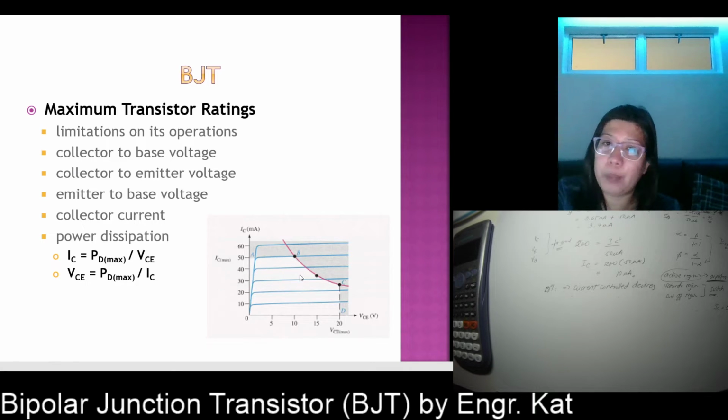Anywhere between the saturation and the cutoff region is your active region. However, we have maximum transistor ratings, so we have to limit the operations, because if we exceed these ratings, we might damage the transistor. The maximum transistor ratings give limitations on its operation.